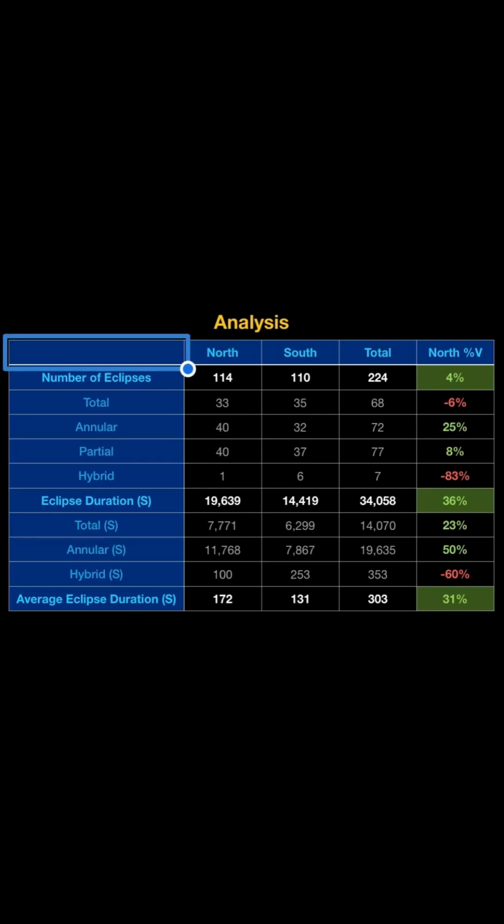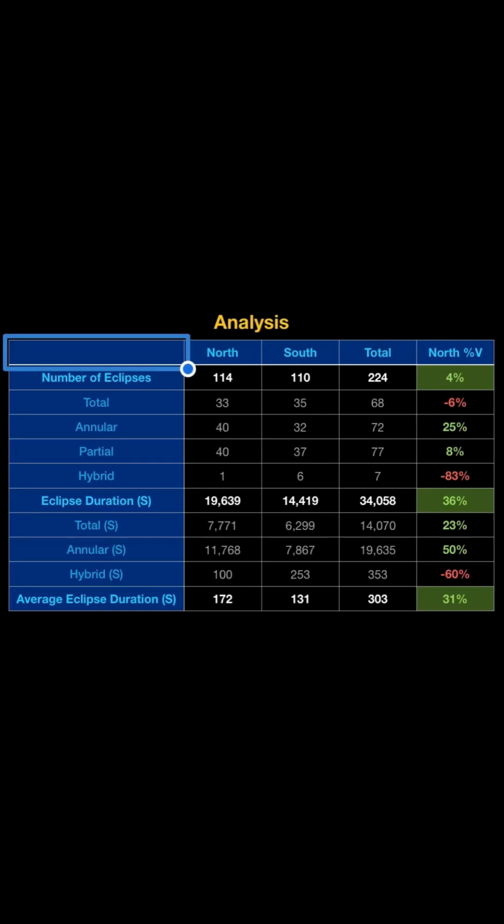As far as annular eclipses go, even though there's 25% more annular eclipses in the north, they take 50% longer in the north overall to progress. Partial eclipses were ignored in the duration count because their patterns, directions, and coverage amounts vary too wildly from one eclipse to the next. So it's hard to get an apples-to-apples comparison.